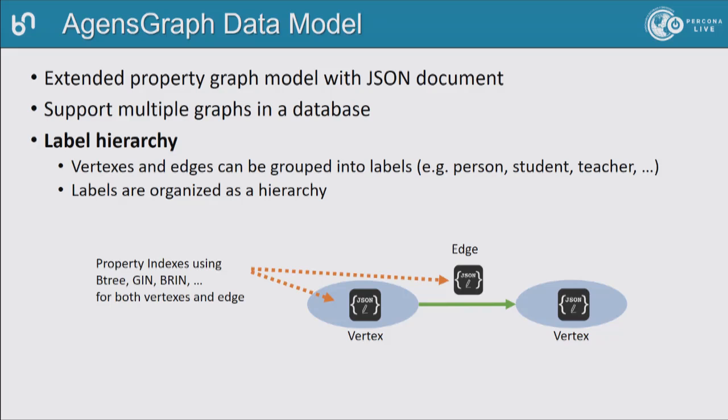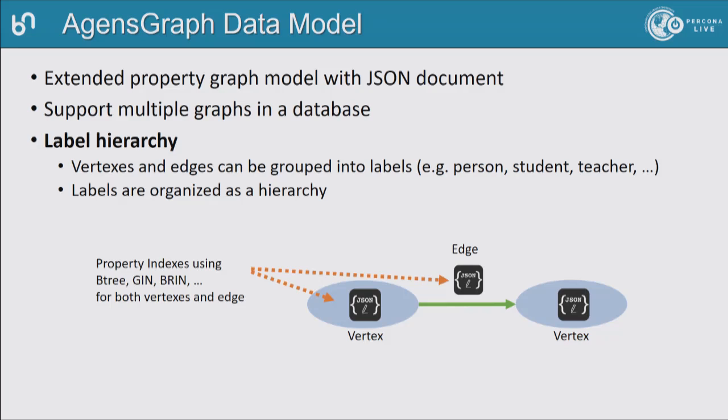We extend this property graph model in two ways. First, we extend it for vertices and edges to have JSON documents as their properties rather than key-value pairs. These properties can be indexed using any kind of index PostgreSQL provides. This is one of the great benefits of developing based on PostgreSQL.